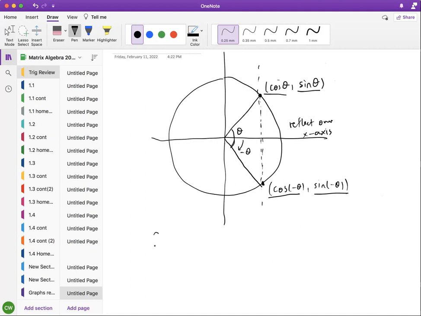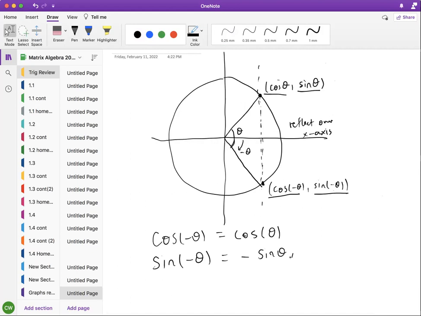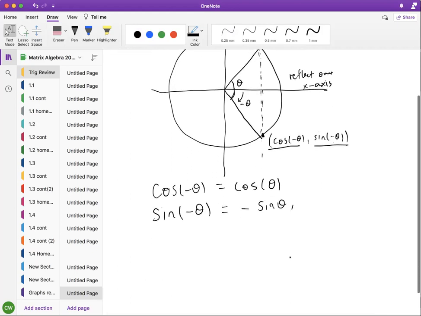So cosine doesn't change when you negate an angle. But when you negate the angle for sine, it's the negative of the original. So this is sometimes called the symmetry of sine and cosine.